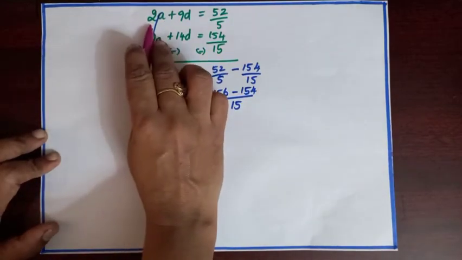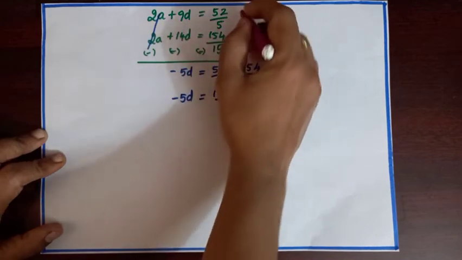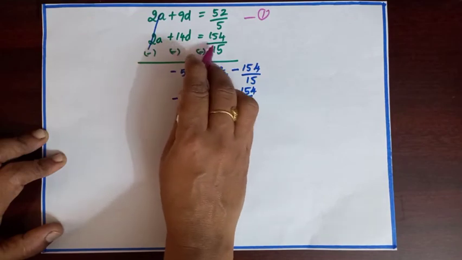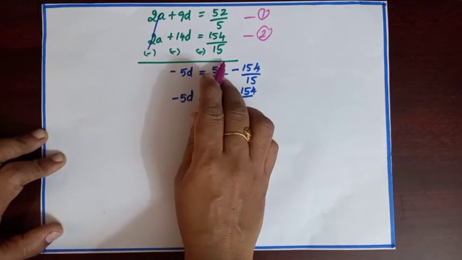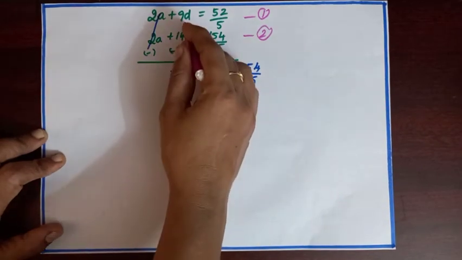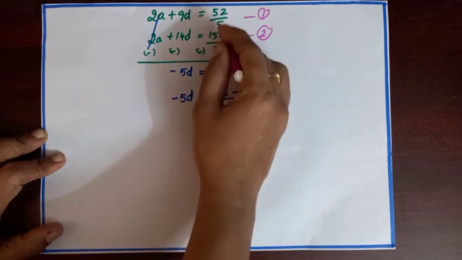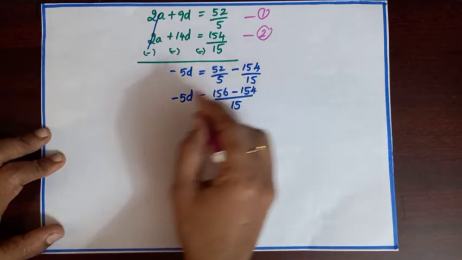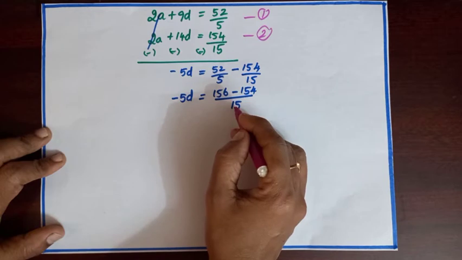The first equation is 2a plus 9d is equal to 52 by 5, consider as 1. 2a plus 14d is equal to 154 by 15, as 2. Now I am changing the sign and cancelling the first term 2a. Then 9d minus 14d is minus 5d, which is equal to 52 by 5 minus 154 by 15. Then we have to take the LCM on the right hand side. 15 is the LCM.